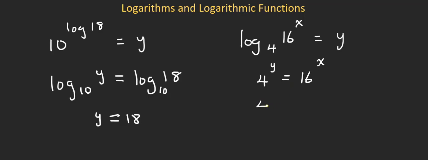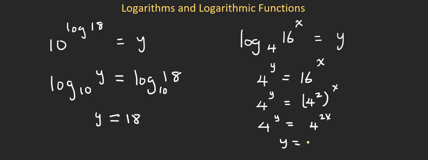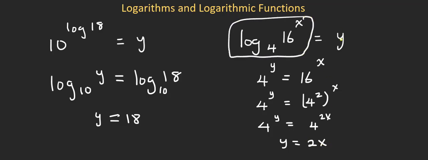So let's change it to the same base. You get 4 to the y equals 4 to the 2x. In order for them to equal each other, y has to equal 2x. That means this whole thing right here is equal to y, which is 2x.